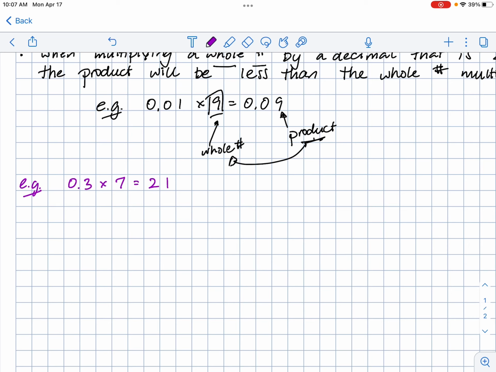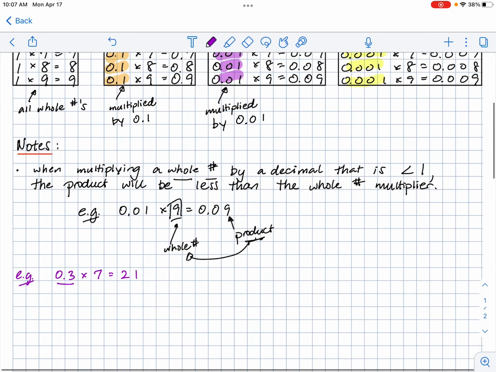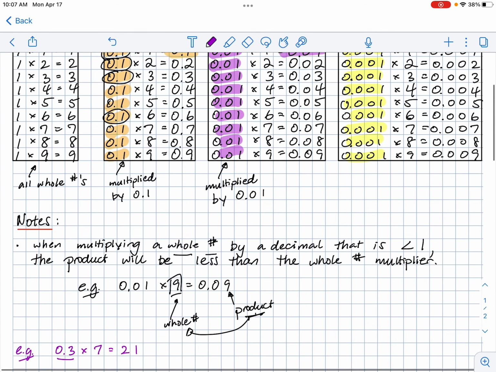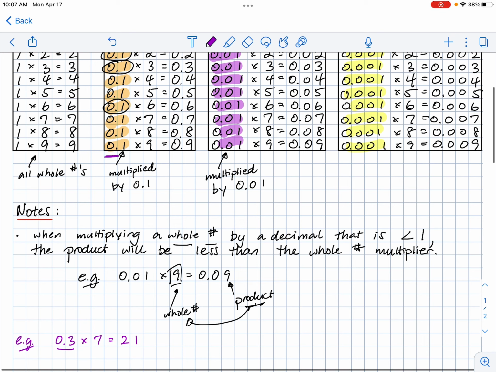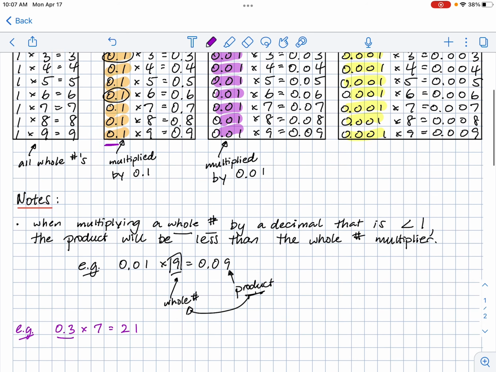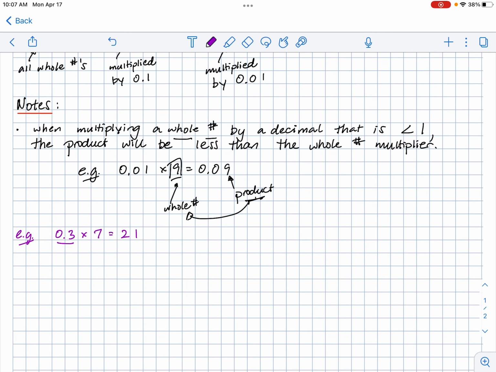Now, does it make sense that your answer is going to be 21? No, of course not. Is your answer going to be bigger? Is it going to be 210? No, because you're not multiplying by a power of 10. You're multiplying by 3/10. So what are you going to do? Well, I know that similar to above, if I look at the patterns up here for 1/10, I'm going to only have one digit after the decimal place because I'm only multiplying by the 10th, right? I know the answer can't be 21.